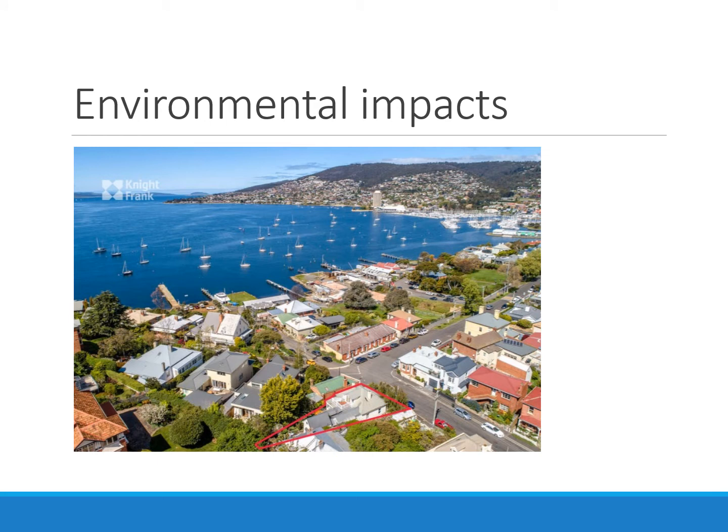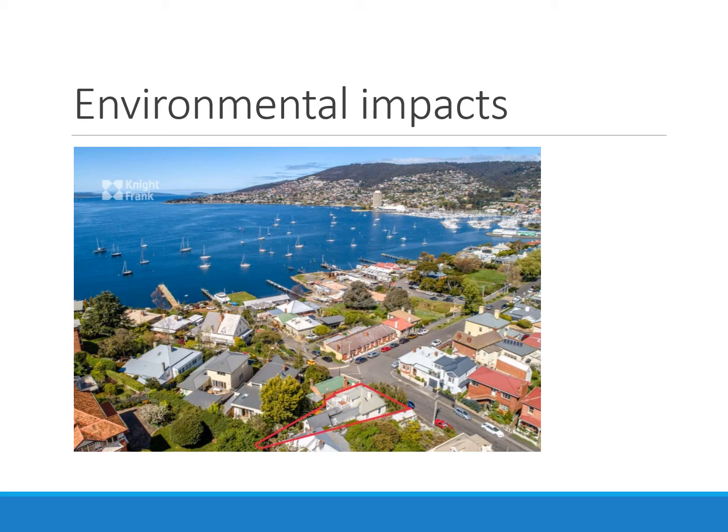And with any property, so this is from a real estate site, you can see a property here, which happens to be number 1 Trumpeter Street in Battery Point. Then before the development application goes in, the developer, or maybe the planning consultant who's being paid by the developer because they don't want to do all the work themselves, thinks about how this might impact.